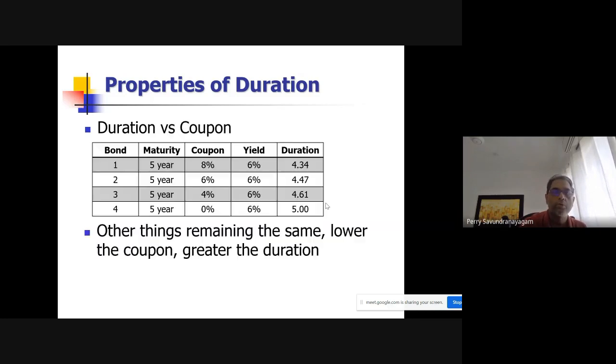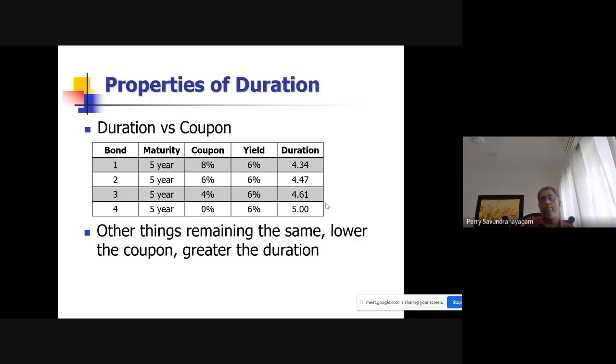Zero coupon bonds. So now let's do a scenario where the maturity is the same, yield is the same, but the coupon is changing. Earlier the coupon was static, so we now have four different bonds, with zero coupon on number 4, and the higher coupon of 8% on the first one.